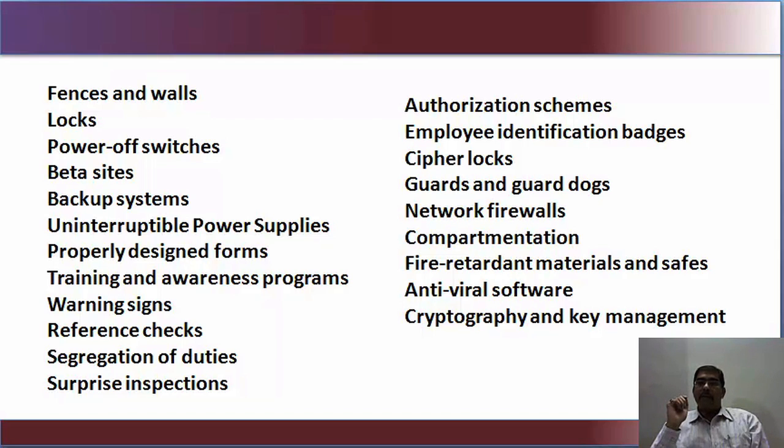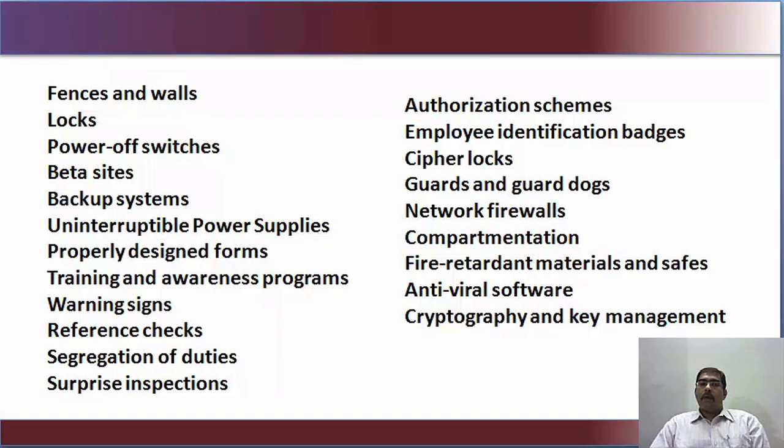Then whether anti-static tiles have been put in the data center. Then you have temperature and humidity control, whether precision air conditioners are put, how they are operated, what the maintenance schedule is, and whether a backup is available. So these will come under your environmental control.